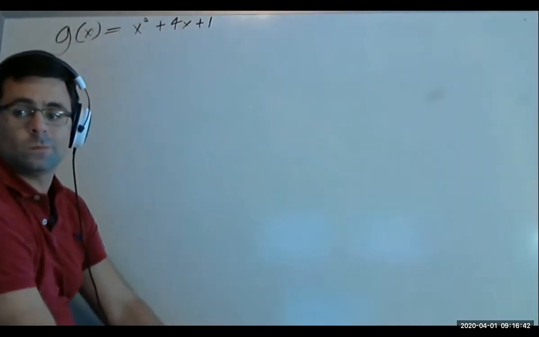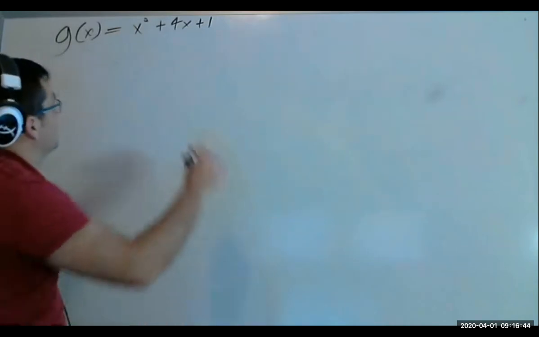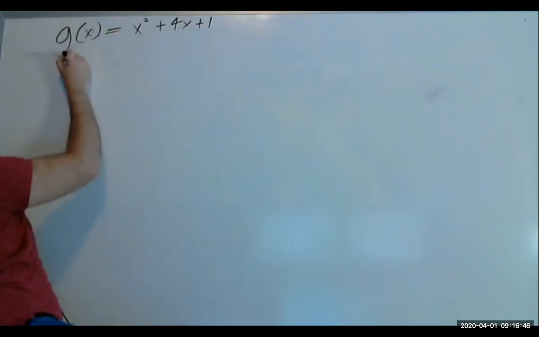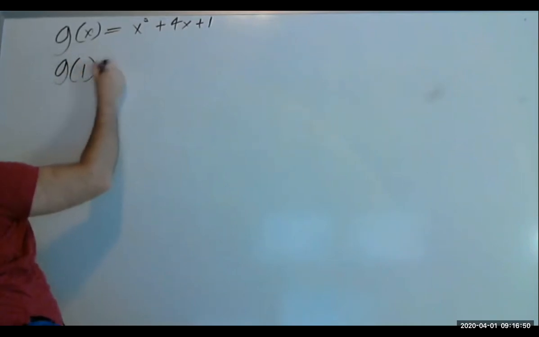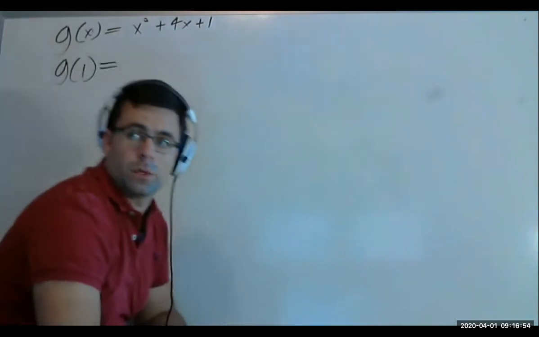All right. Well, we could do g of 1. What does it mean when I do g of 1?